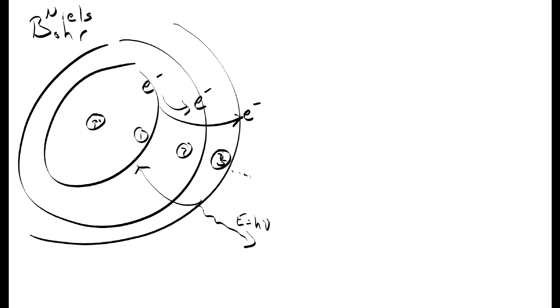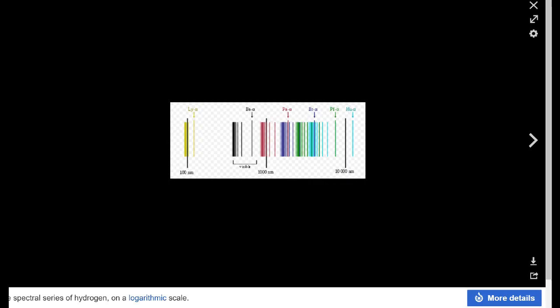And because energy is directly related to frequency, and frequency is equivalent to wavelength, that's why you only see particular discrete lines. Each line on that picture represents an electron falling back down from a higher orbit to a lower orbit, releasing a photon of light.